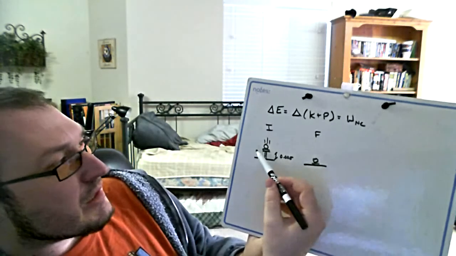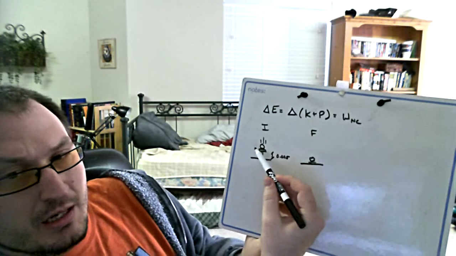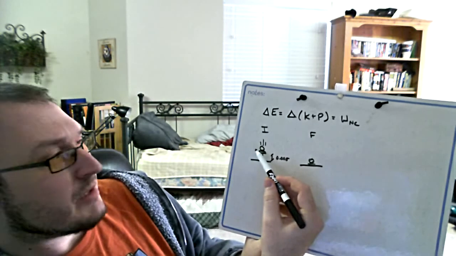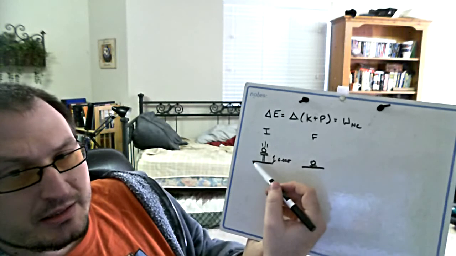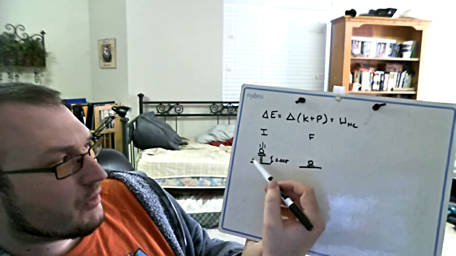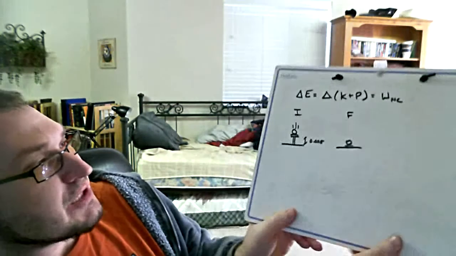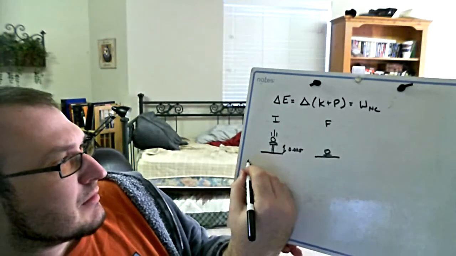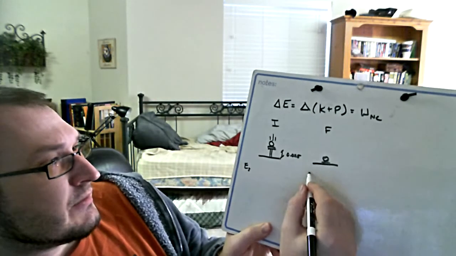I want to look at the energy of the stone and the work being done on the stone. What I'm going to claim is that the nail is doing work. The nail is a non-conservative force that's going to be doing work on that stone. So the initial energy I'll do here, and the final energy I'll do here.